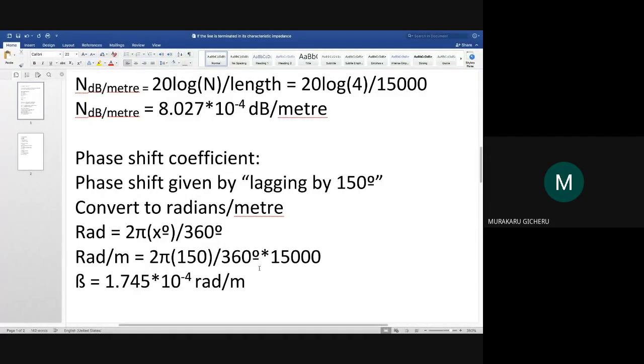So if you do 2 pi times 150 divided by 360, and then divide all of that by 15,000, you will get a beta, a phase shift coefficient, of 1.745 times 10 to the minus 4 radians per meter.